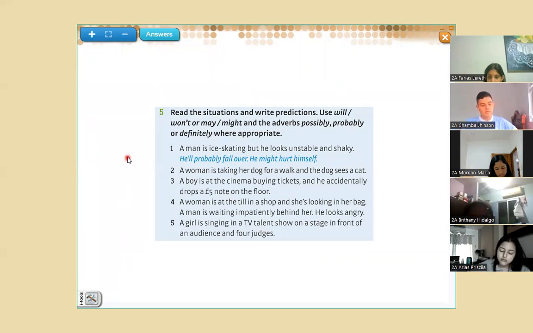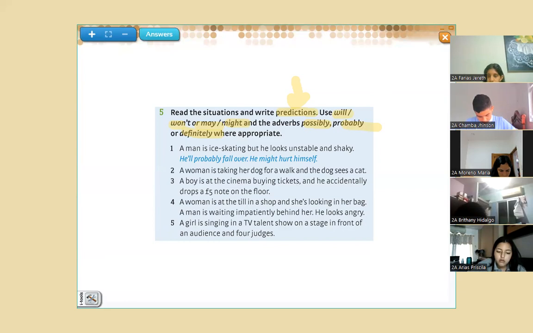Please, Aileen, read the situations and write predictions. Use will, won't, may, or might, and the adverbs possibly, probably, or definitely where appropriate. We are going to work on some predictions.